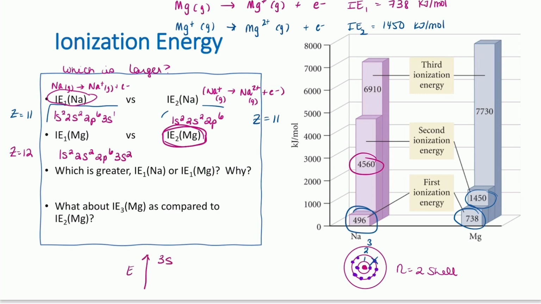So we've got 3s, 2p. Our 2p's are completely full. Our 3s is also full. This is for magnesium.